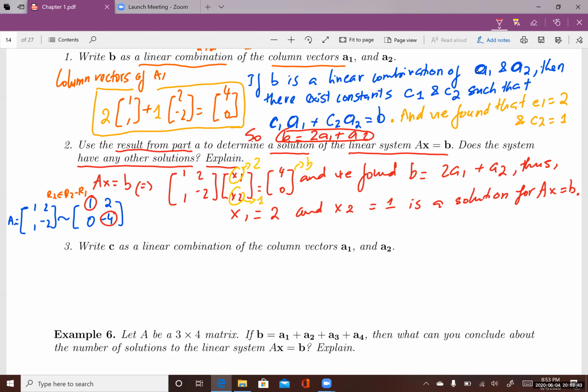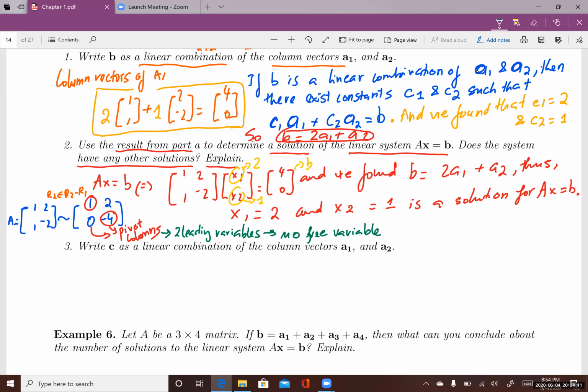So both columns are pivot columns. That means you have two leading variables. That means you have no free variable.